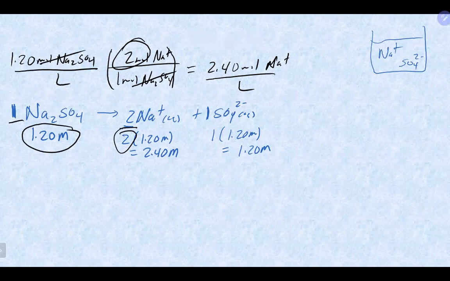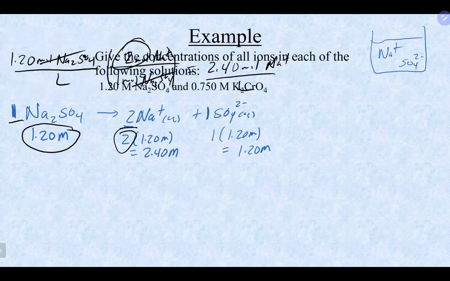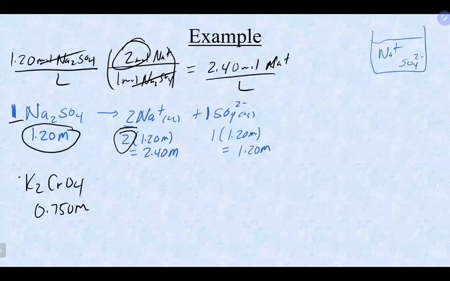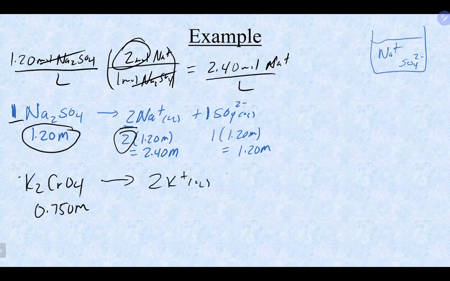All right, looking at the second one, we got K2CrO4, 0.75 molar. In this particular case, this would break apart into 2 potassiums and a chromate. So once again, we can apply the quick move, which is a 1-to-2 relationship for our potassium.